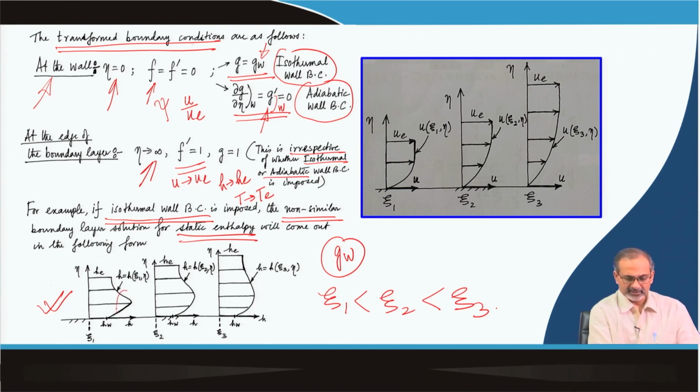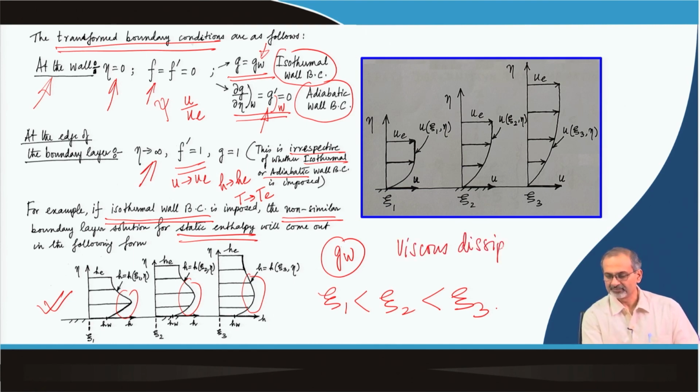And you notice that there is some kind of a peak which is forming in the enthalpy profiles, and we will discuss later that this is arising out of the viscous dissipation which is operating within the boundary layer.